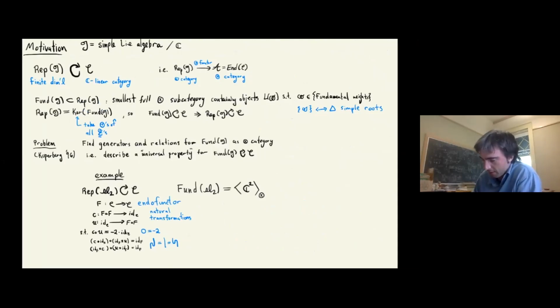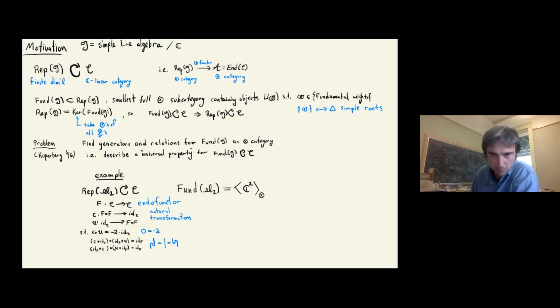So I want the composite of these in this order to be -2, some scalar multiplied by the identity, and some other compatibility conditions, which start to get out of hand when I'm writing them in this classical form of writing the horizontal and vertical composites of natural transformations.